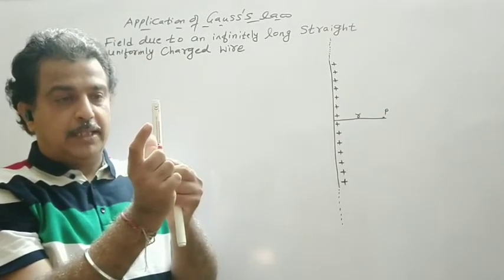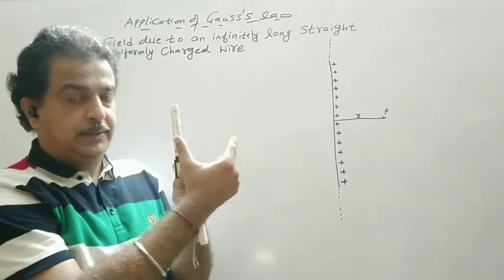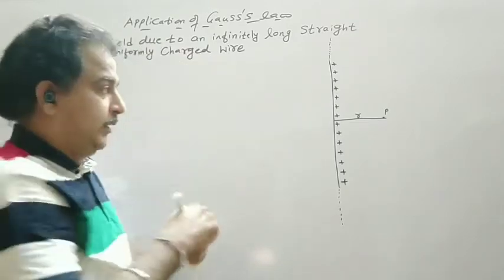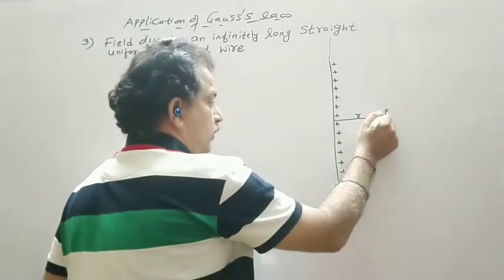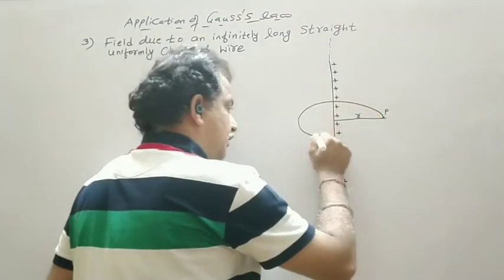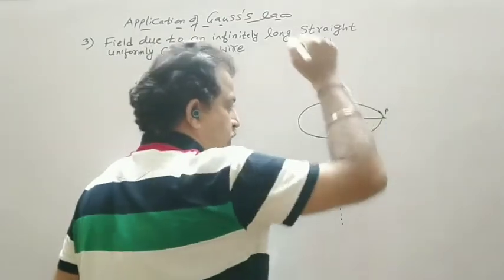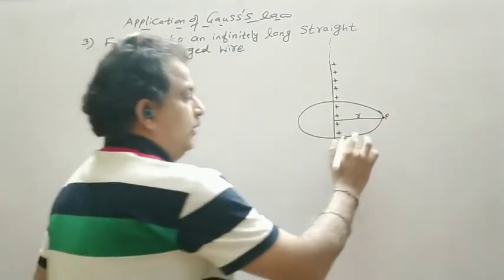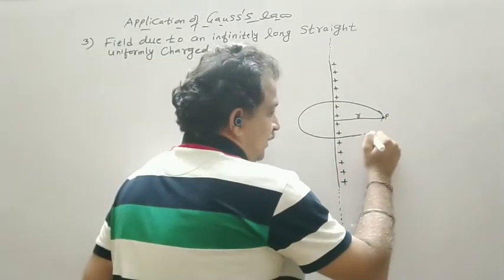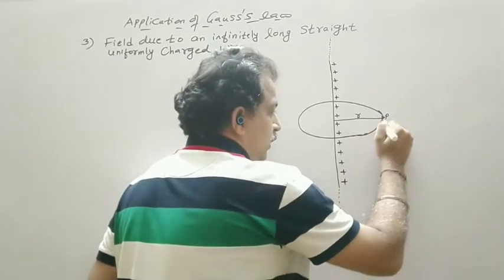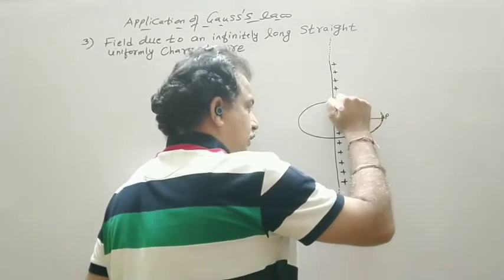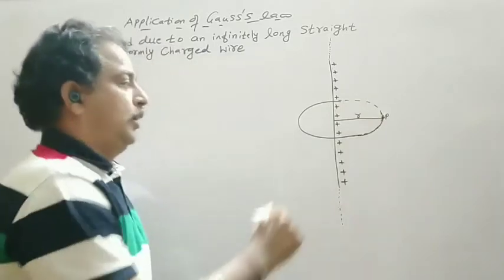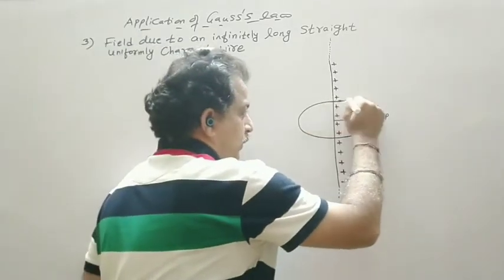Now if I make a rotation around the wire, the path is a circular path.